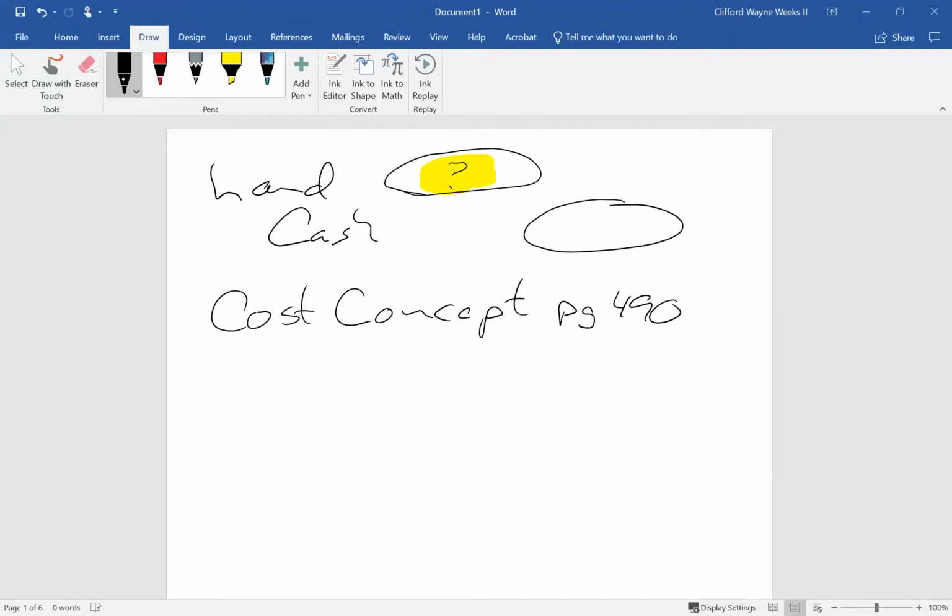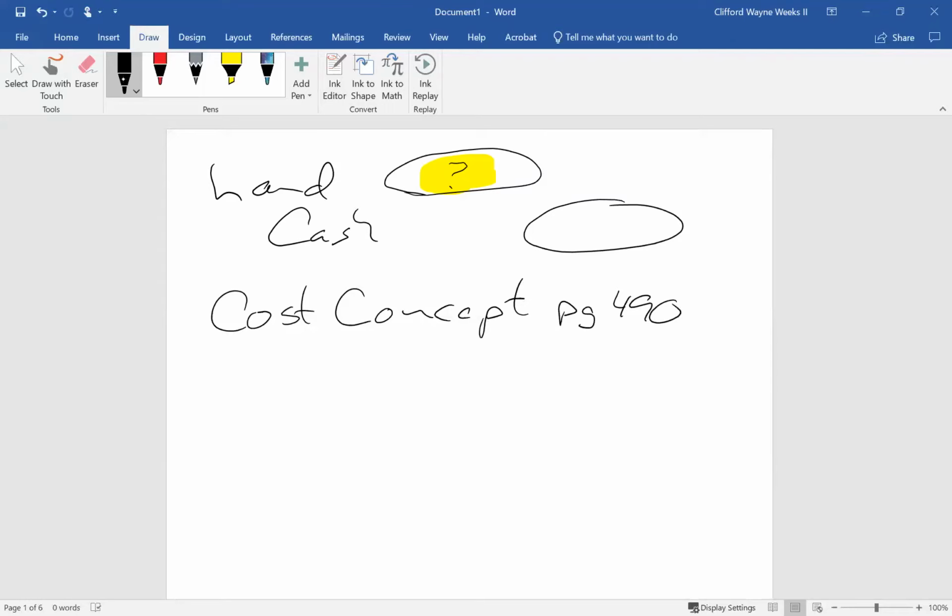Let's also say that this land was really kind of hilly. Before we could build our building there, we had to level that out. Well, the cost of leveling that out is actually not part of the building. The leveling would be included in the cost of the land.